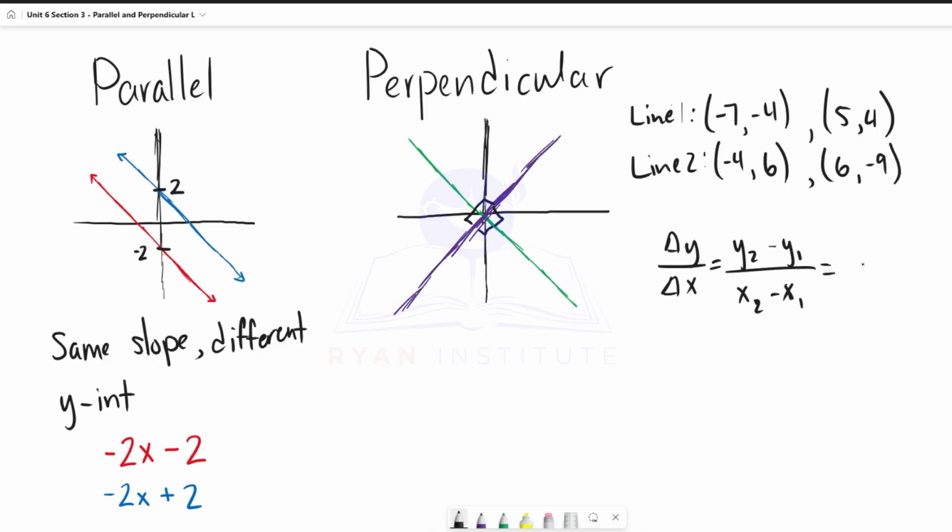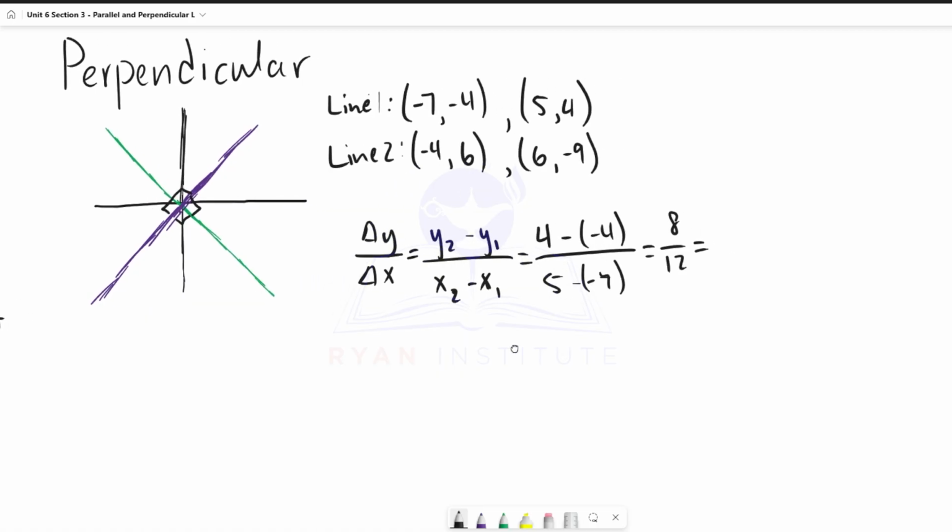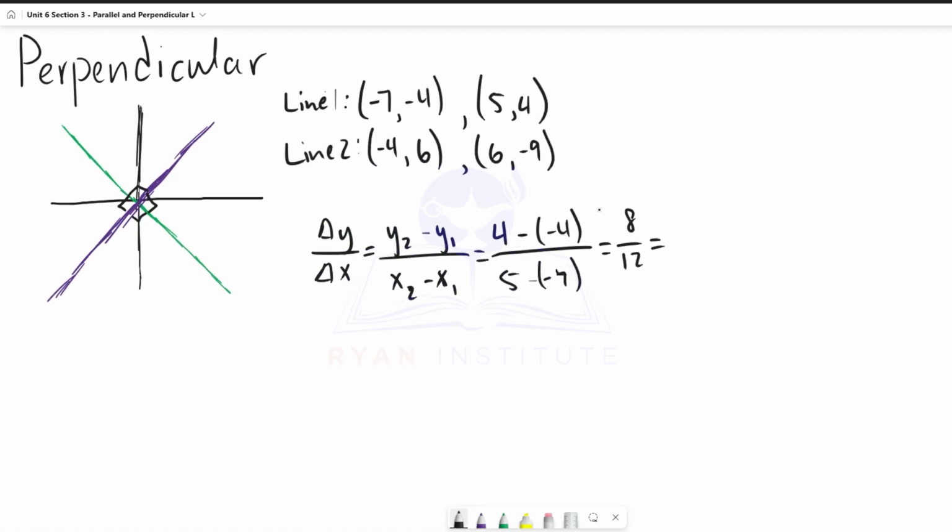This is 4 minus -4 over 5 minus -7. Okay? And this will give us 8 over 12, which is equal to 2/3.